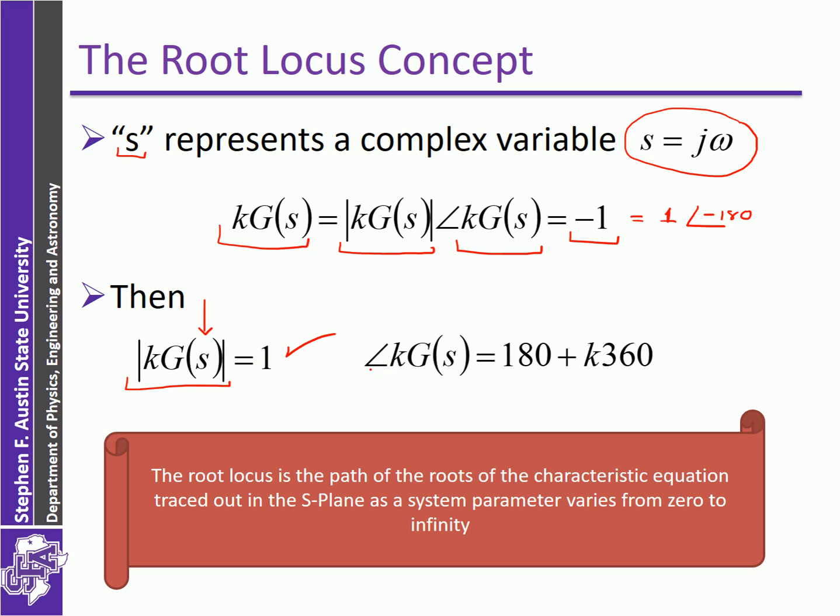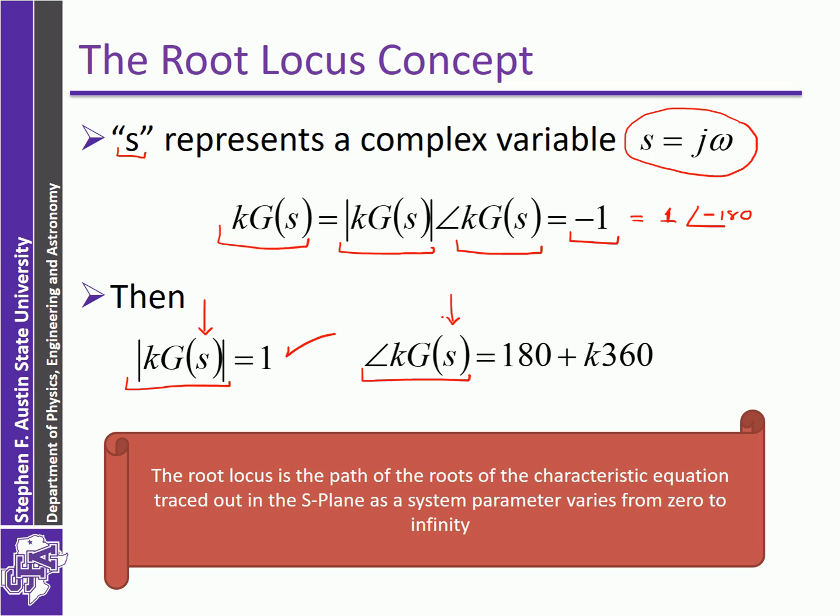The other one is that the angle of kG(s) should be equal to 180 degrees, or any odd multiple of 180 degrees. So the same situation happens here: there's going to be a limited number of values of s that will satisfy that condition.